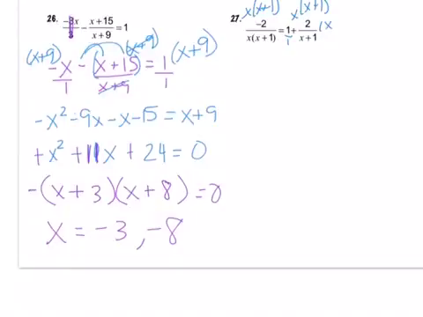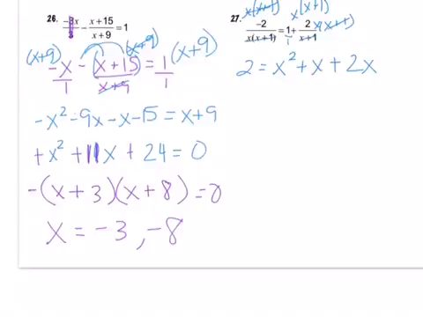And x times x plus 1 here. So those are going to cancel, so I just have a 2 here. 1 times all of this, I'm just going to distribute it out. So that would be x squared plus x, and these two will cancel, so I just have 2x.